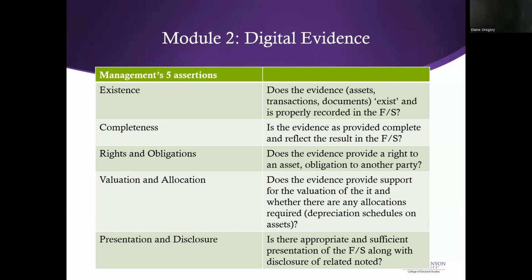Is it complete? Is there anything missing in those transactions? Is there data that's omitted? Are there events or transactions that have been omitted? Is there evidence in the digital system that shows the rights of ownership or the obligations on a liability?